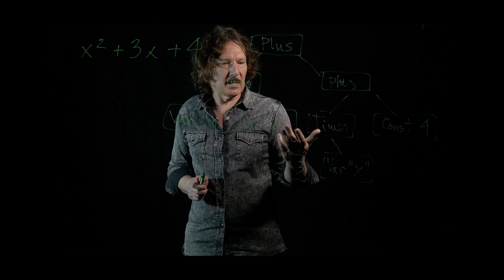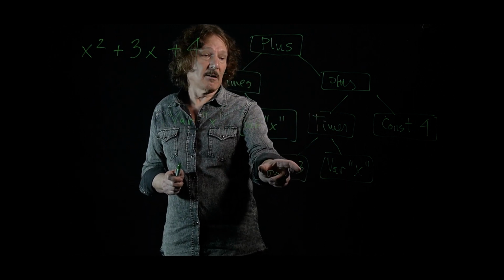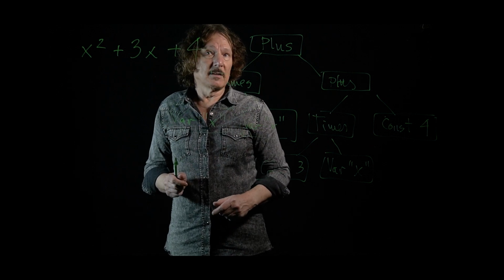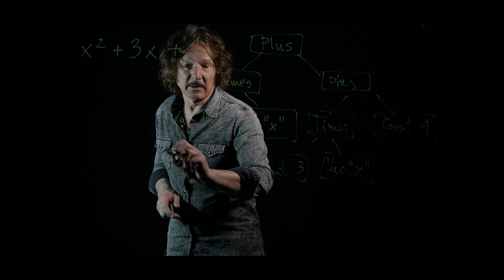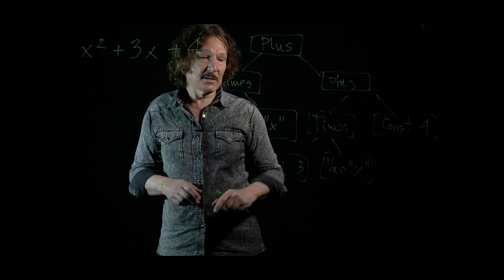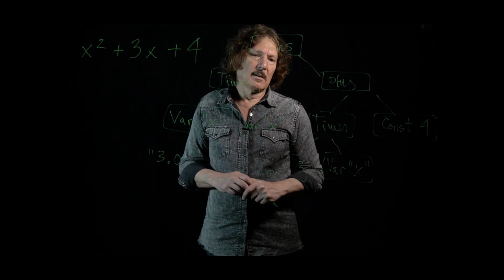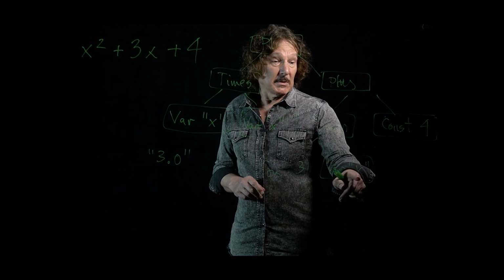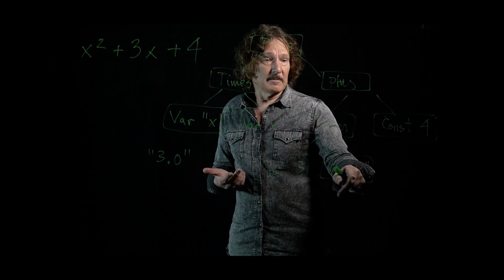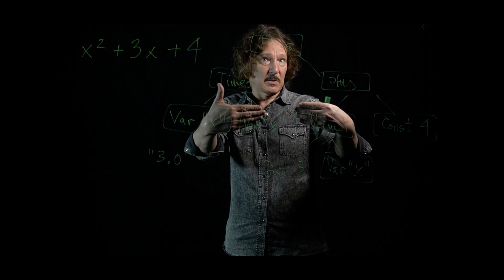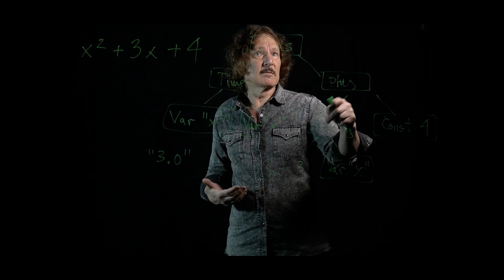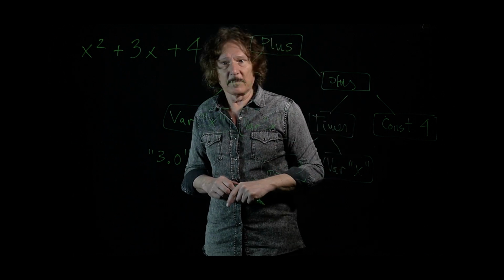How would we do that? Well, we would replace the const 3 with a string 3.0, let's say. We know how to convert numbers to strings. We would leave variable as x, and then we would just combine these things into nodes by concatenating strings and putting operators in between them.